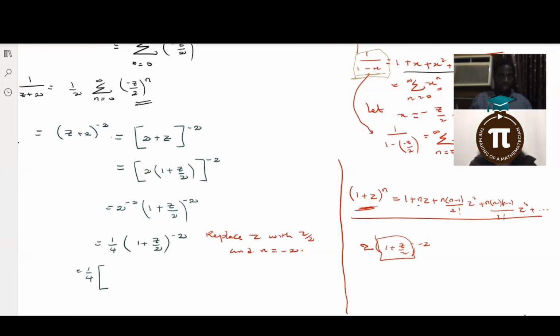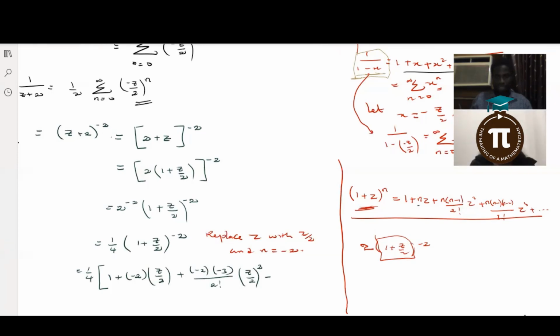Do you understand that? So that means I have 1 plus, and that's minus 2 multiplied by z over 2, right? Plus n, that's minus 2. Minus 2 minus 1 will give me minus 3 over 2 factorial, z squared, that's z over 2 all squared, right?